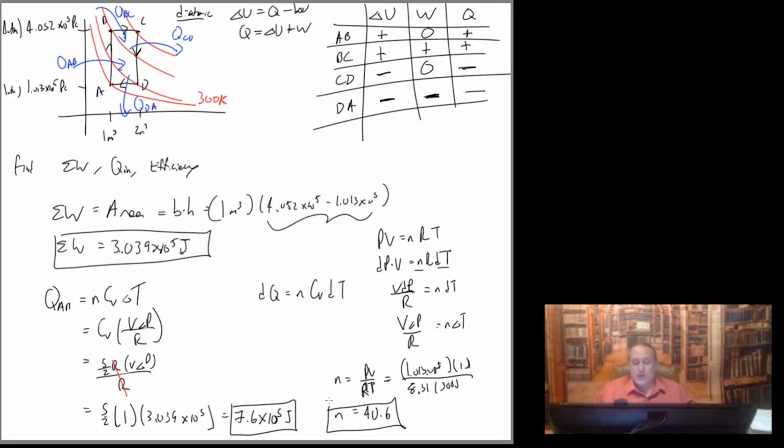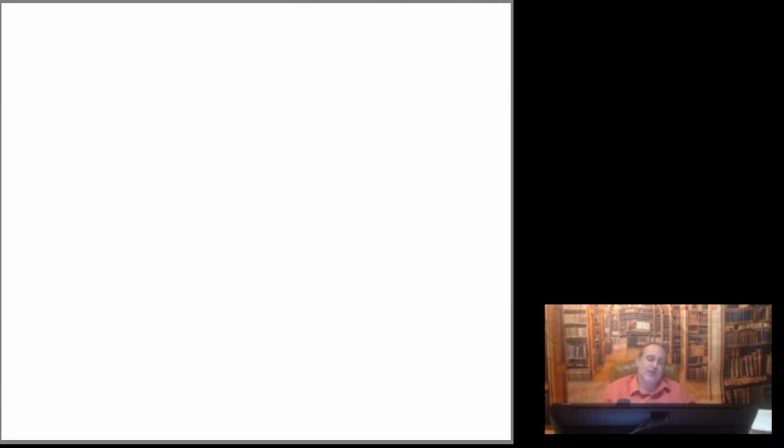So if I use the number of moles, I have to find out also delta T, which means I have to find the pressure or the temperature at point B. How do I find that? Well, I use the ideal gas law again. Okay, so this is how I would suggest doing it. If we want the temperatures, we would say PV equals nRT at point B, and then PA VA equals nRTA, and just divide those equations.